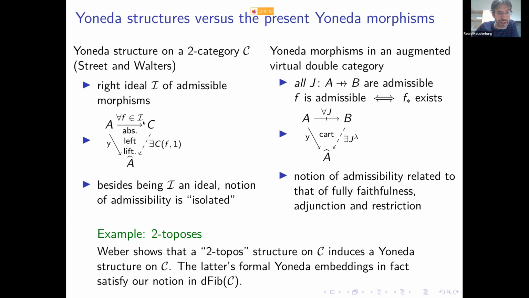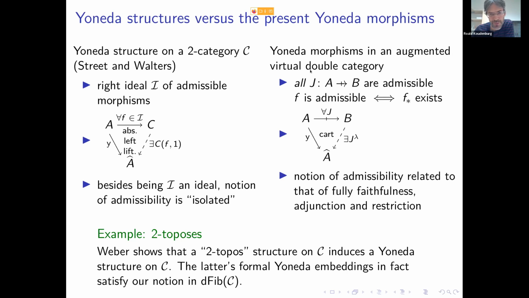For every admissible morphism F coming out of the source of that Yoneda embedding, there exists a map from its target into this formal presheaf object, C of F, and that is equipped with a cell that defines F as the absolute left lifting of Y along C of F. So that's what the Yoneda structure is, these two things.